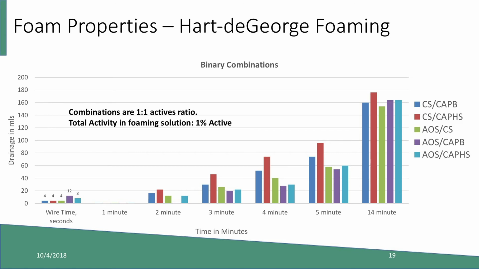All the way on the left, looking up at the 14-minute mark, you can see it's right up there and actually performs better than the AOS and the betaine. And one of the other great interactions we saw as far as foam stability goes is with the AOS and the amphoteric surfactant.